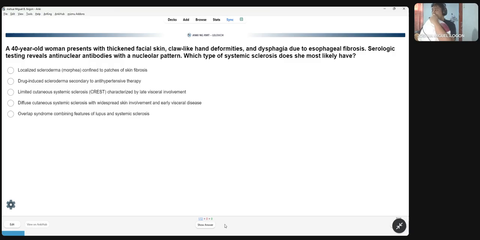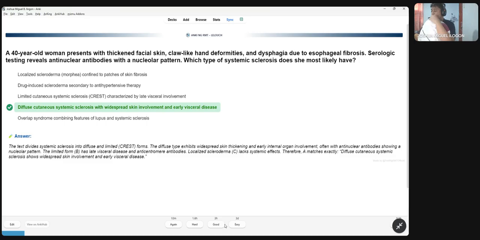ANA with nucleolar pattern. Hmm. Nucleolar pattern. Claw hand deformities. Is it diffuse?